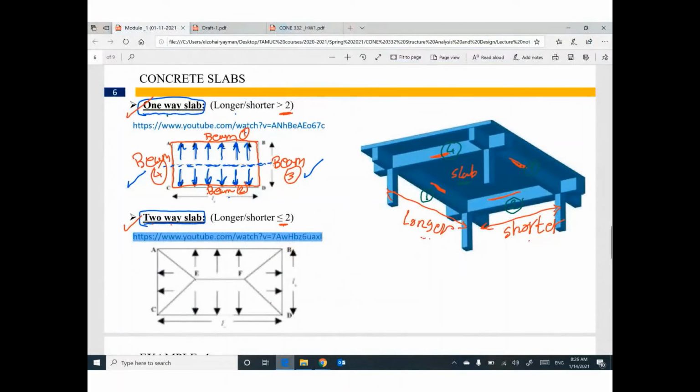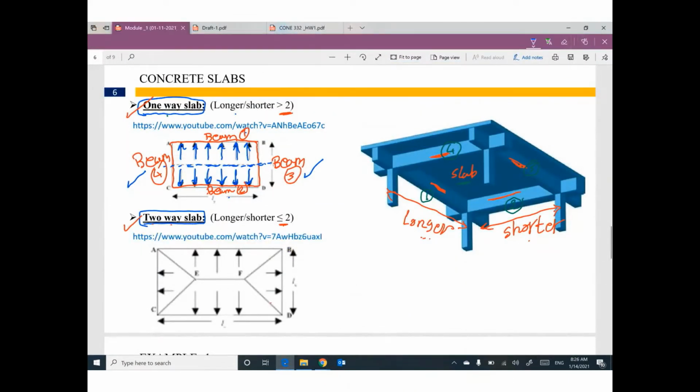So if you have a rectangle like this one, or a square, whatever, and we have 4 beams, beam number 1, beam number 2, beam number 3, and beam number 4.